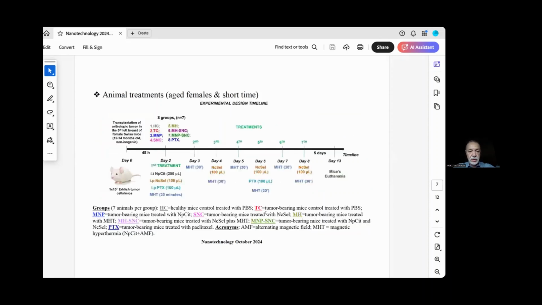Here is the design of the experiment. We selected 8 groups, 7 animals in each group. They are all aged females, and age is a very interesting aspect.